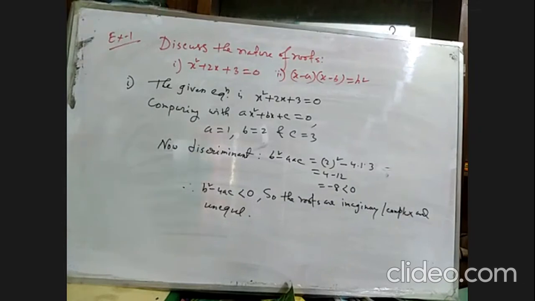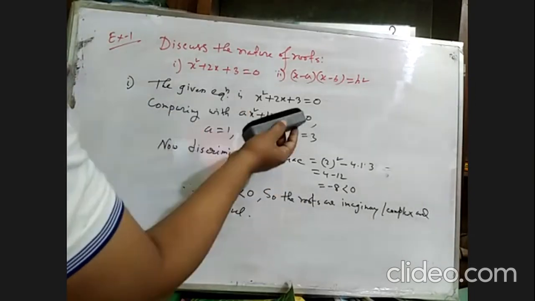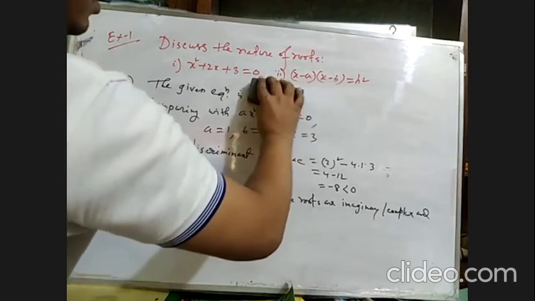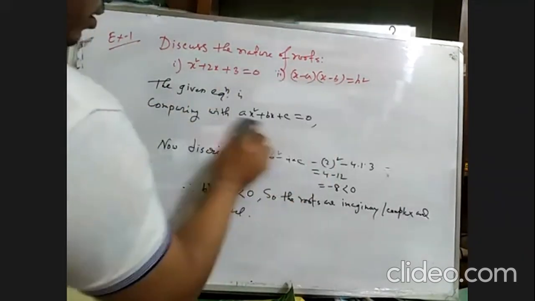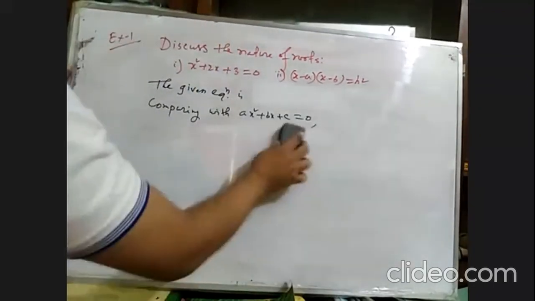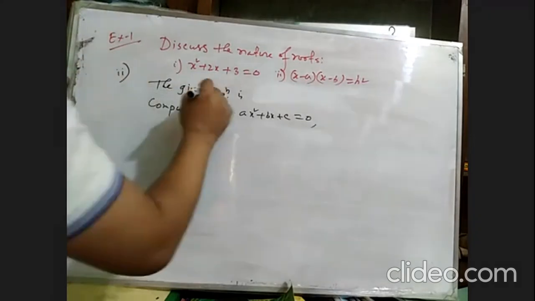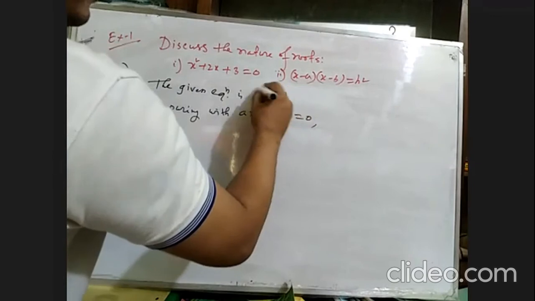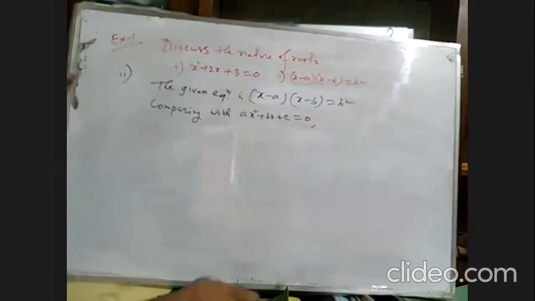Now the second one. The given equation is x minus a, x minus b equal to a square.